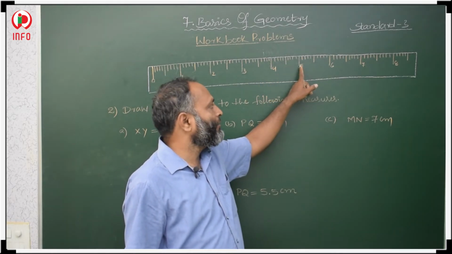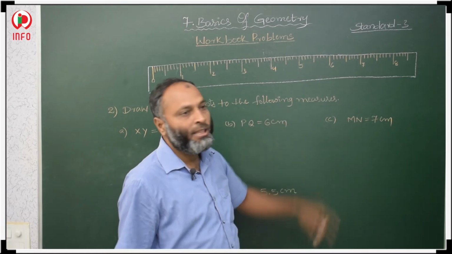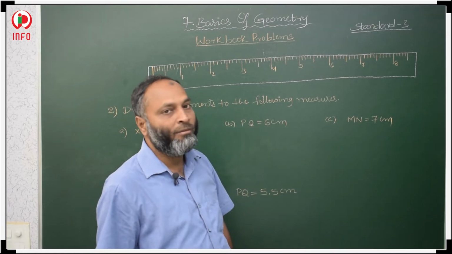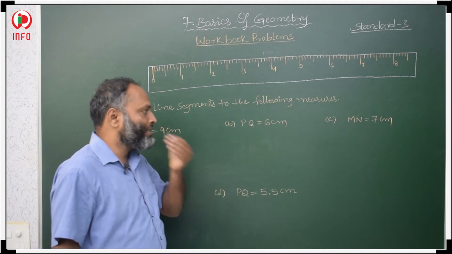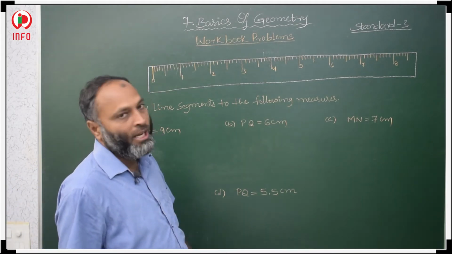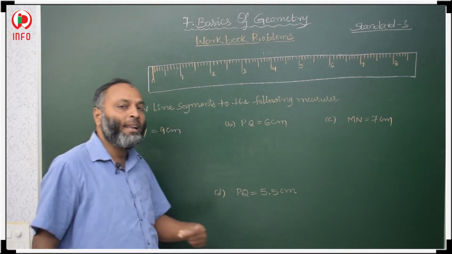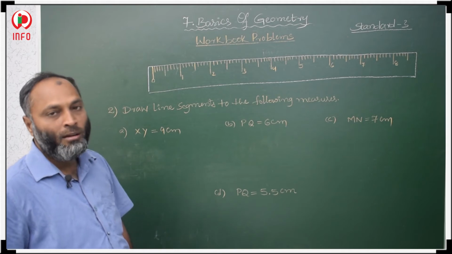Then 5.5 means in between 5 and 6, the bigger line. In that way, if 0.5 is given, we take the middle line in between the numbers.